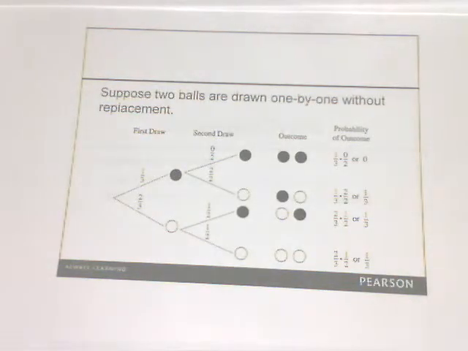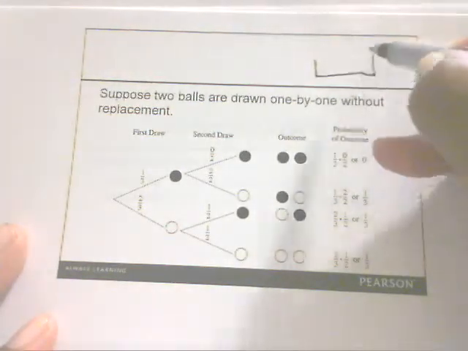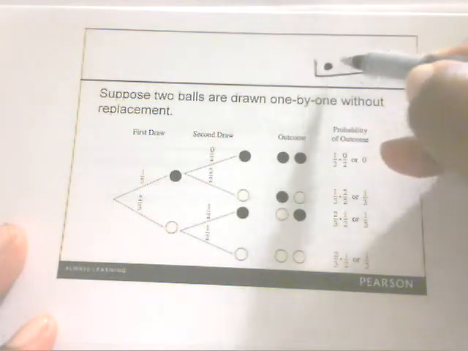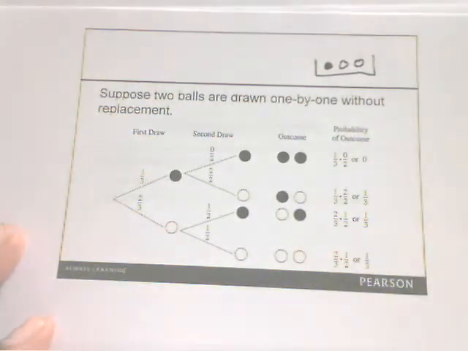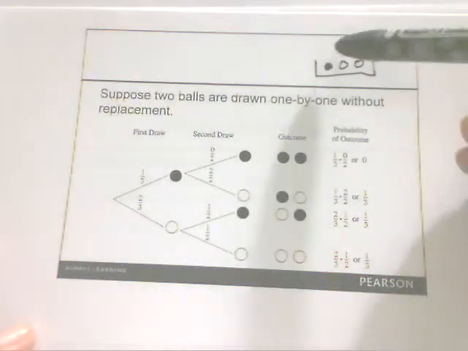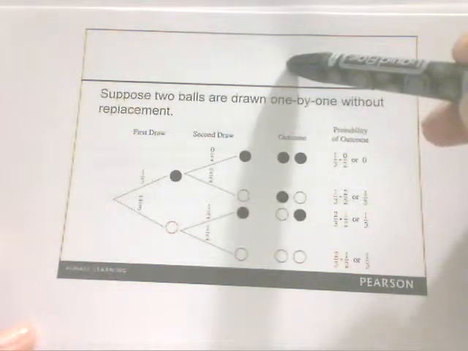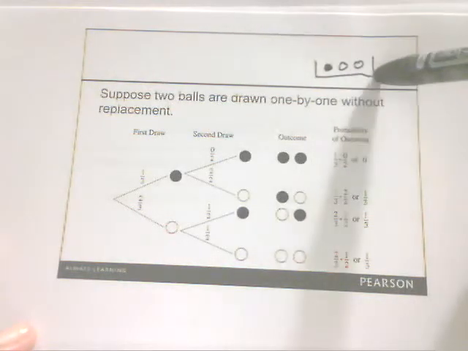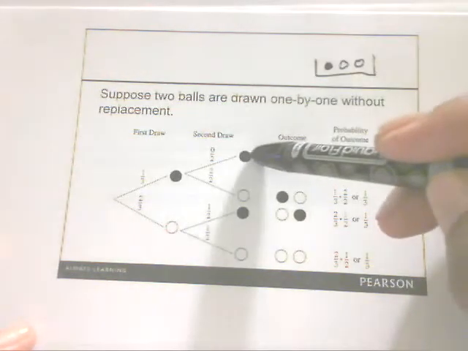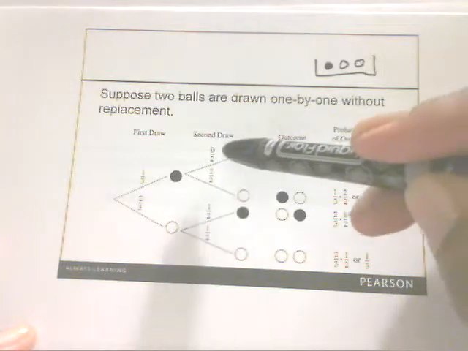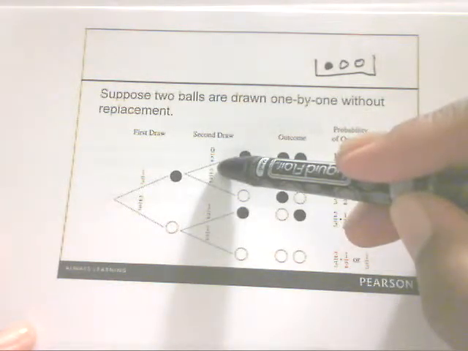Keep in mind that you only have in the box a colored ball and 2 white balls. Okay? So if a colored ball is taken out of the box, on the second draw, you're only going to have 2 white balls in there. So the probability of drawing another colored ball would be 0/2, or 0.